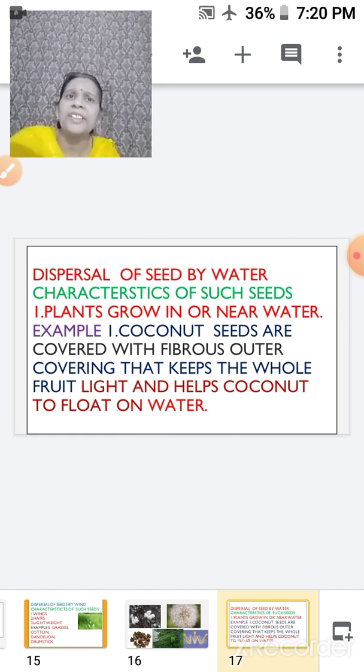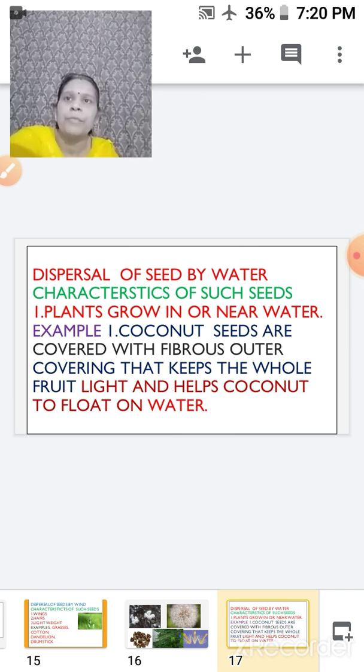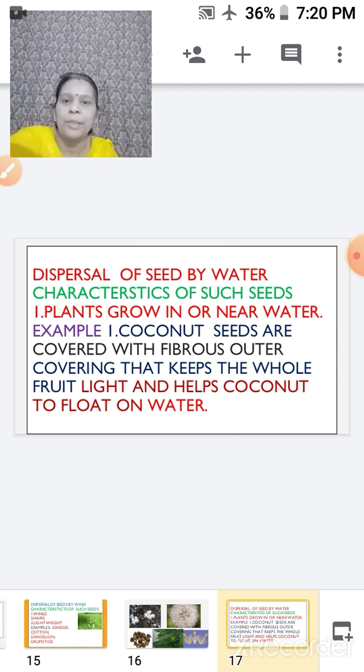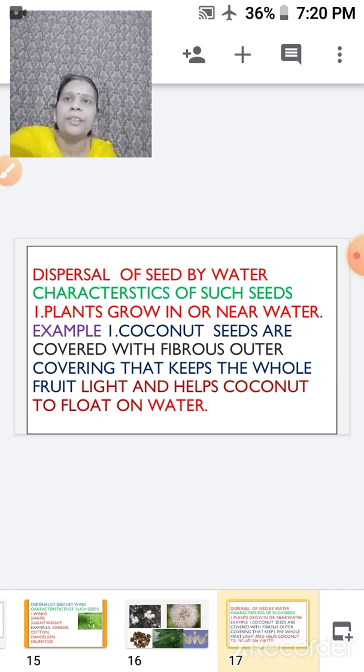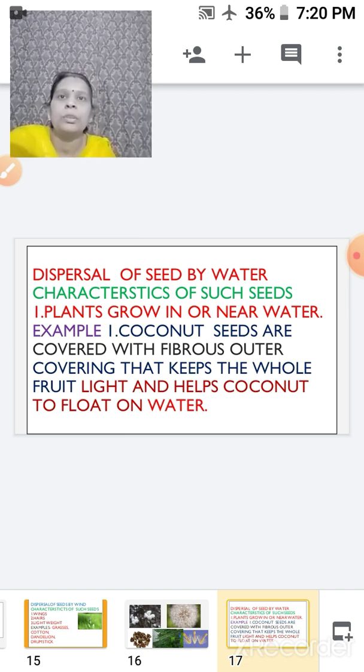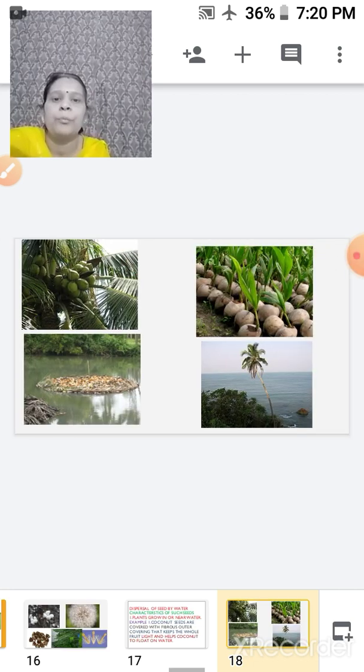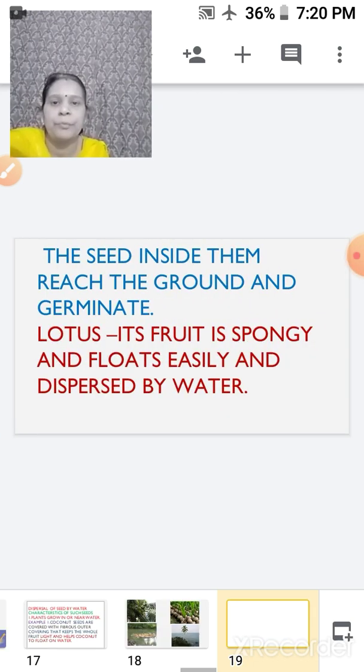Coconut seeds have a fibrous outer covering, which keeps the whole fruit light in weight and helps it to float on the water, and hence it reaches the ground and then germinates.